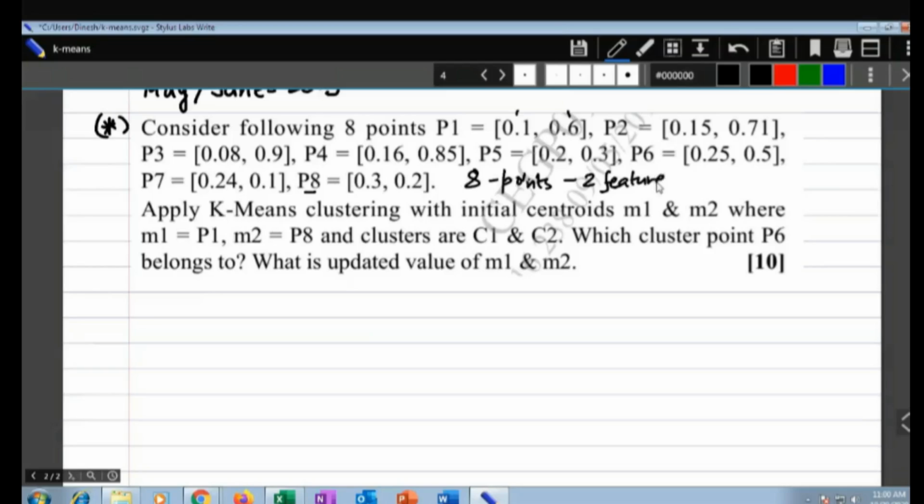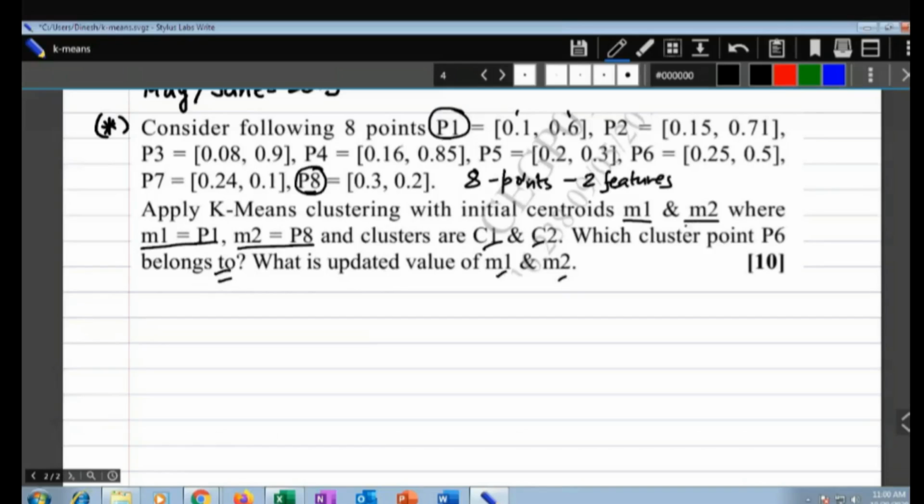What is asked is to apply k-means clustering with initial centroids M1 and M2, where M1 is equal to P1 and M2 is equal to P8. The clusters are C1 and C2, and which cluster does point P6 belong to, and what is the updated value of M1 and M2.